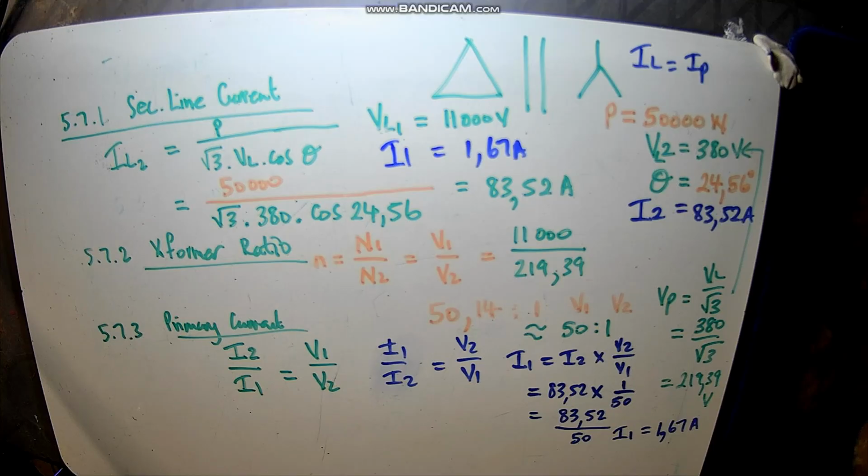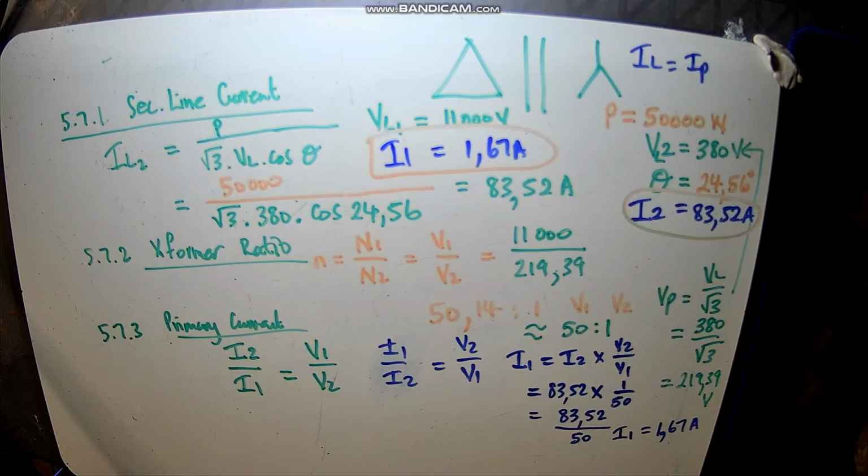So if I started on the primary side with 1,67 amps, the current must increase to a bigger value. If the voltage goes down from 11,000 volts to 380 volts, the current's going to do the opposite. It'll start off low and end off high.